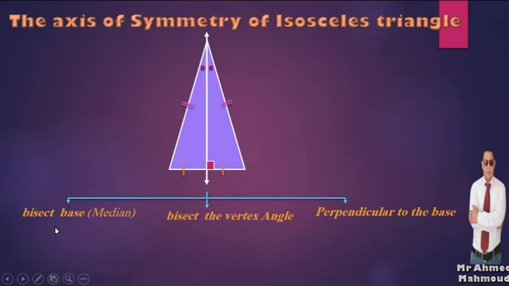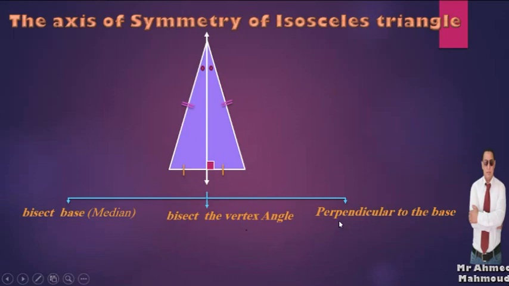For example, if he gives me that the line bisects the base as a given, then the conclusion, the two other properties, is that it bisects the vertex angle and is perpendicular to the base. Another case, if he gave me that the line bisects the vertex angle, then I conclude that this line bisects the base and is perpendicular to the base.